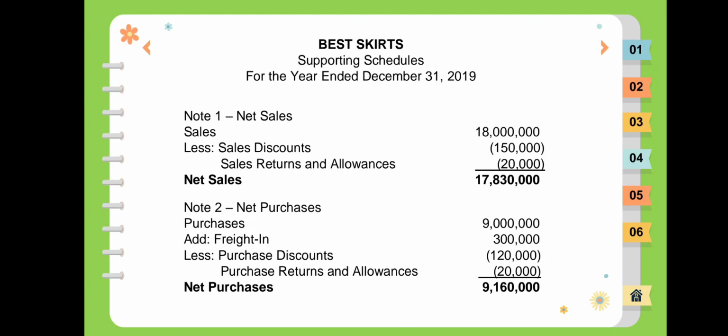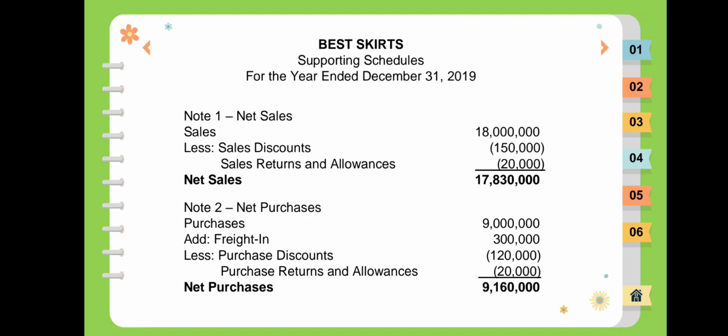Sales discounts are the discounts given by the business to their customers. And also deduct sales returns and allowances. So, gagamitin yung account to recognize that product returns or inventory returns, called sales returns and allowances. So, you deduct these two from the gross sales to get the net sales.